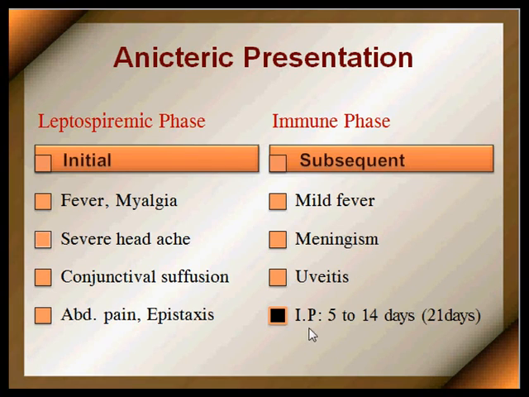The incubation period for the disease is usually 5 to 14 days after the initial contact with the infected urine or the environment. Sometimes it could be as long as 3 weeks. The leptospiremic phase is classically manifest in all the patients, whereas the immune phase may or may not be manifest in some patients, depending on the immune response. So this in a nutshell is the presentation of cases in the anicteric type.